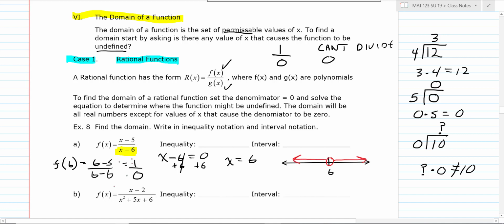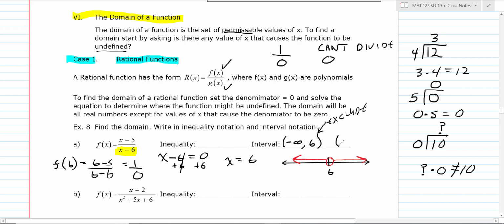Everything else gives a numeric value other than 6. So this inequality goes infinitely to the left, so you would say that is negative infinity to 6. To exclude that 6, you use a parenthesis. That's important, you've got to exclude that. Then everything past 6 works.